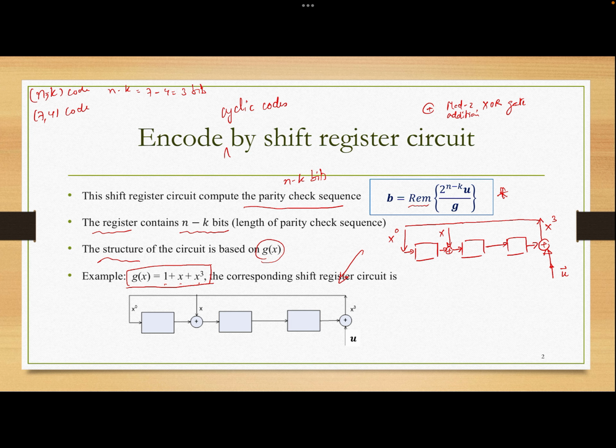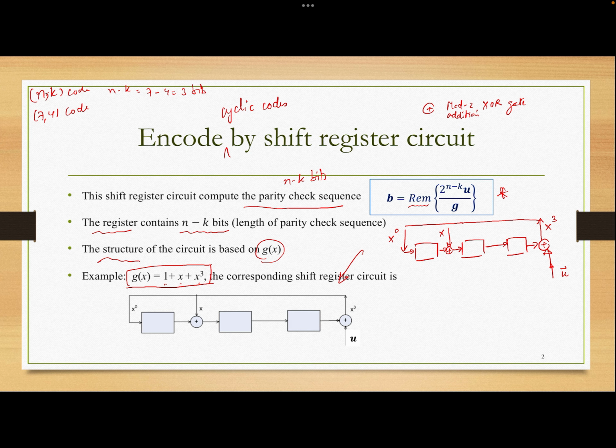Now if we change the shift register circuit structure, which means that we change the generator polynomial g(x), then the structure of the code is different, so it becomes a different code.